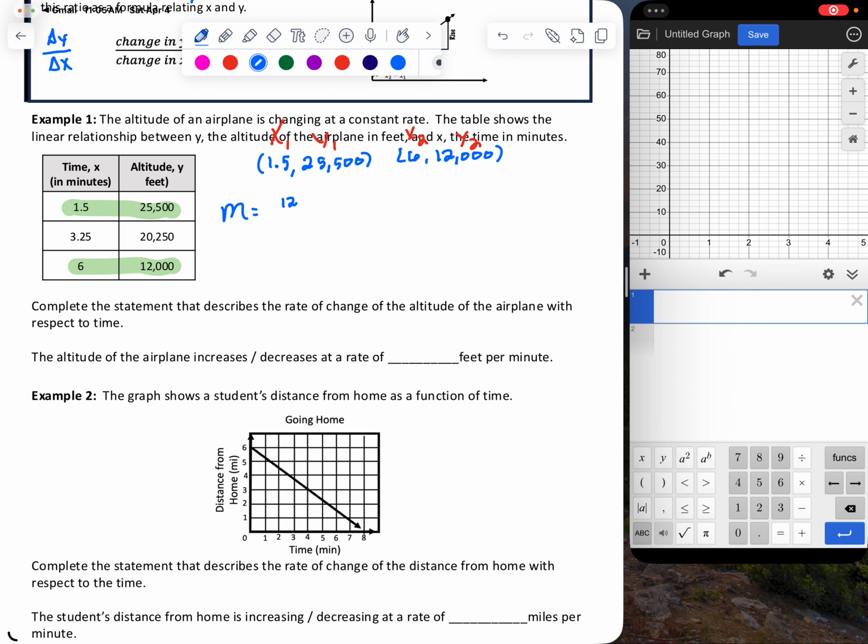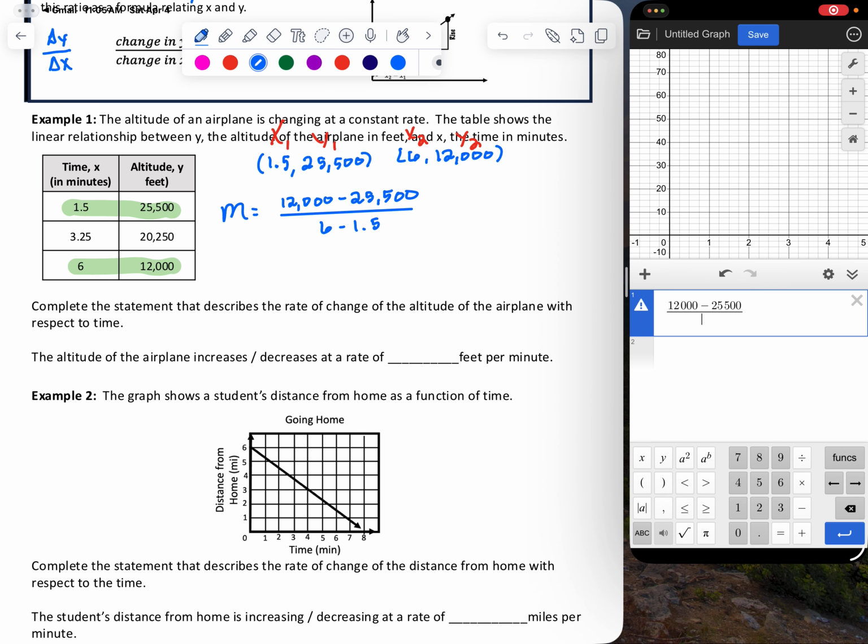So 12,000 minus 25,500 over 6 minus 1.5. Now I'll be using Desmos, but you can use any calculator that you have. So I'm going to push a fraction bar here and say 12,000 minus 25,500.